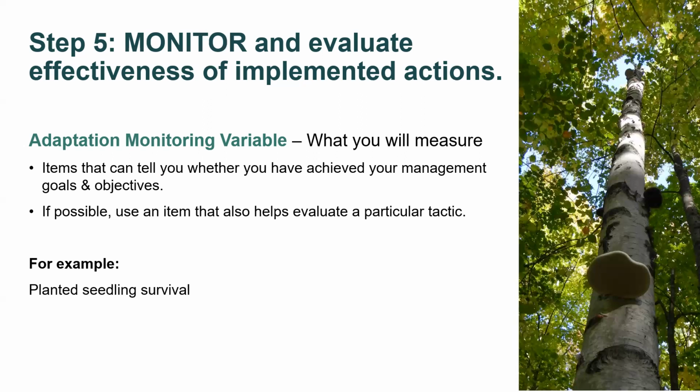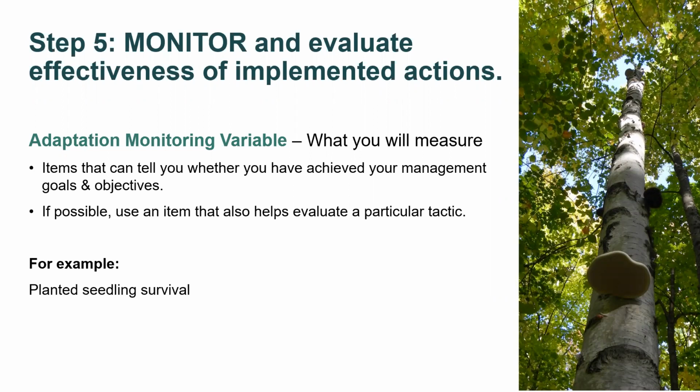When possible, it's desirable to select monitoring variables that will also help you understand whether your adaptation tactics were effective in working towards your management goals under climate change. So it isn't just, is this thing working? It is, are the actions we have taken producing some benefit in better helping us adapt our project to climate change?